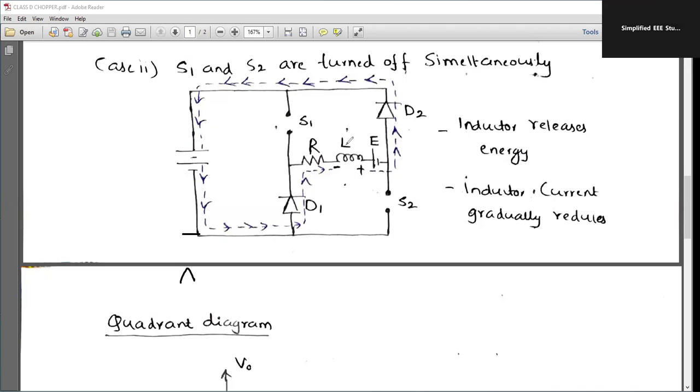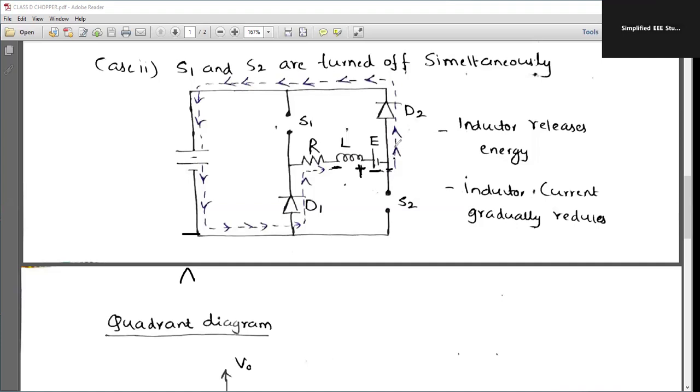Now, whenever the switches are off, first of all, the inductor polarity gets reversed. That is the first point you need to understand. Now you can see the polarity will be like this, negative and positive over here. Just tell me how the current flow will take place. Current flow will take place from positive to negative. That means it will act as a source.